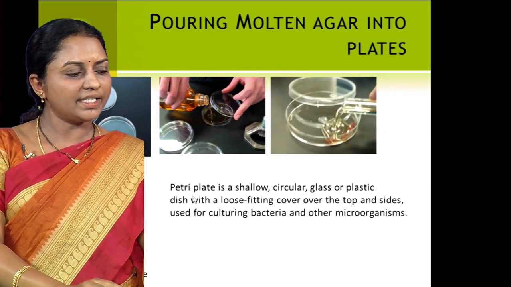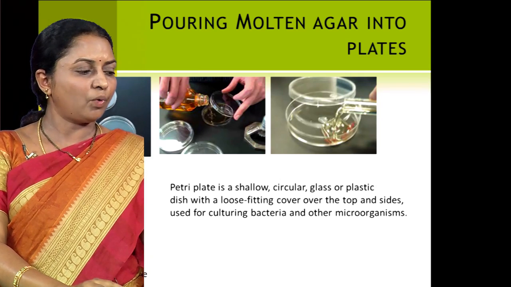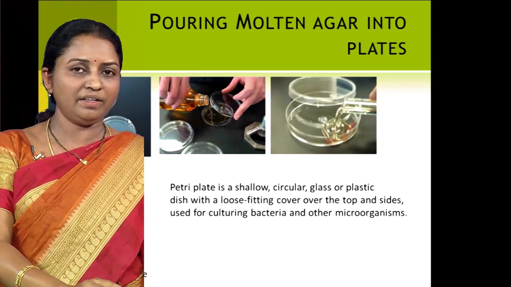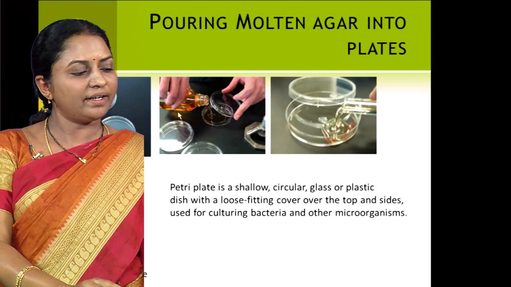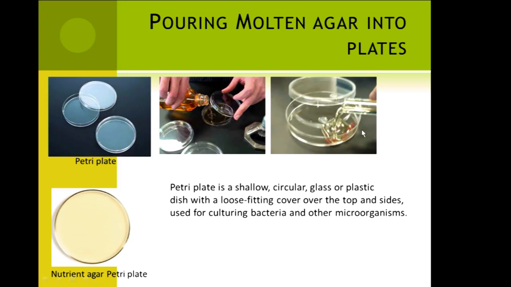Once agar is prepared, it has to be melted and poured into petri dishes, which are the culture dishes routinely used in the laboratory for preparing solid media. So here molten agar is poured into plates. Once it is poured, they are allowed to solidify. After agar solidifies in the plate, you can see a solidified agar plate.